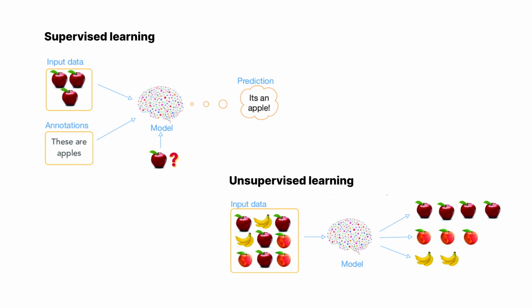So it will be able to cluster images of apples, images of bananas, or images of apricots, for example. So it will never be able to tell you that this is an apple, but it will be able to differentiate different types of fruits, for example, by itself. So you don't have to tell this model that there are different types of fruit. It will understand it itself, and it will cluster different types of fruits by itself.